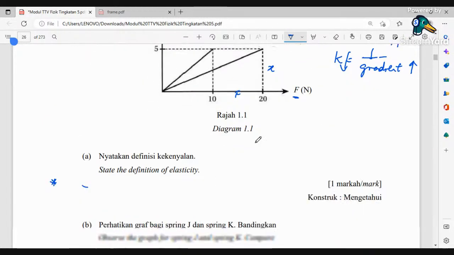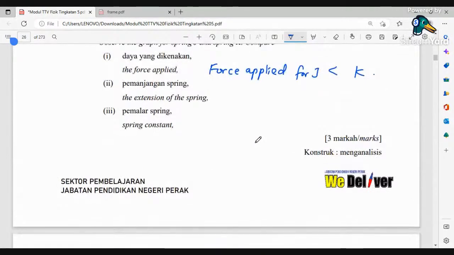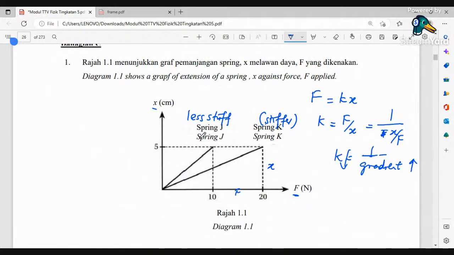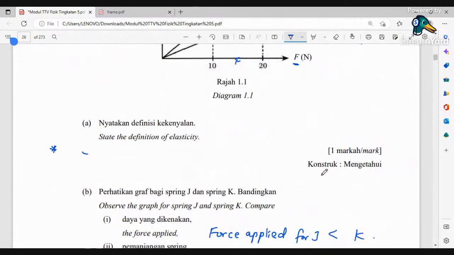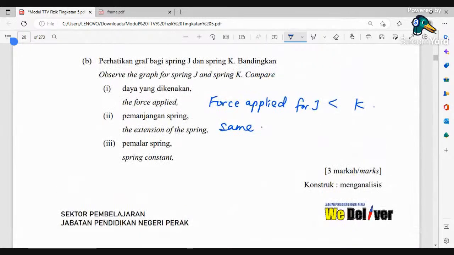Sama pi cm. So extension are same. Spring constant. Okay, nampak tadi dah tunjukkan J is less stiff, maksudnya k for J is smaller than K. Okay. Spring constant J smaller than K.